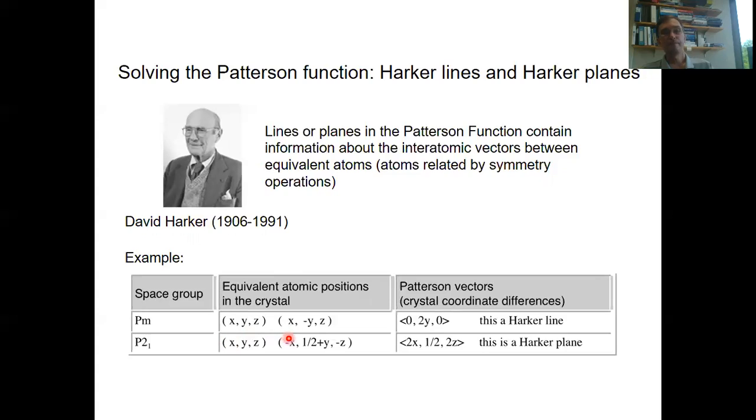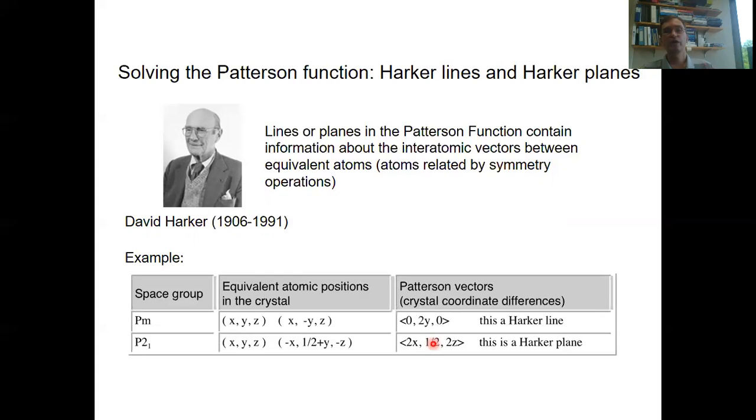So x minus minus x gives 2x, y minus a half minus y gives a half, and z minus minus z gives 2z. You see that this defines a plane, in this case an xz plane, because x is variable and z is variable, but y is fixed.